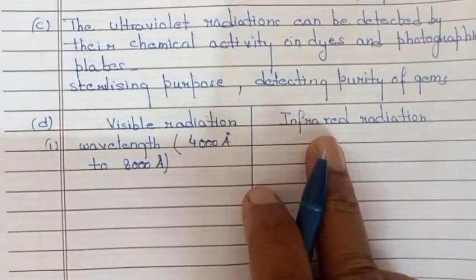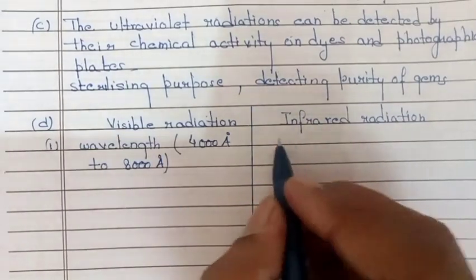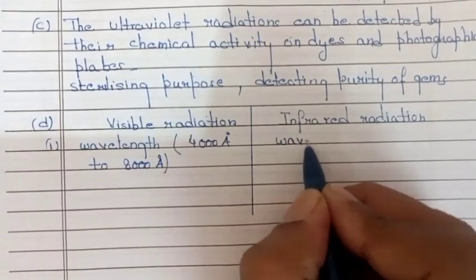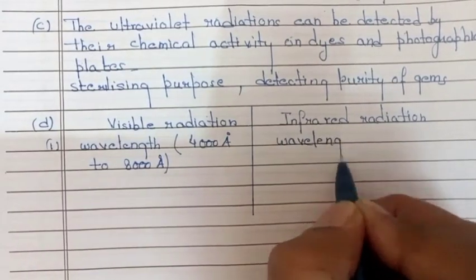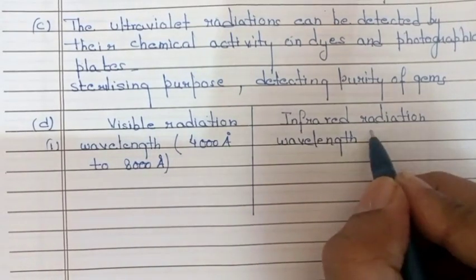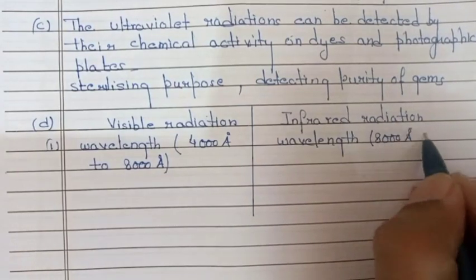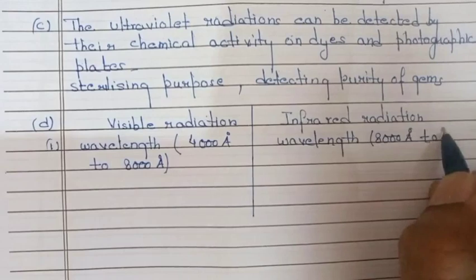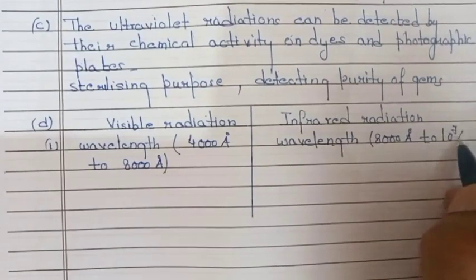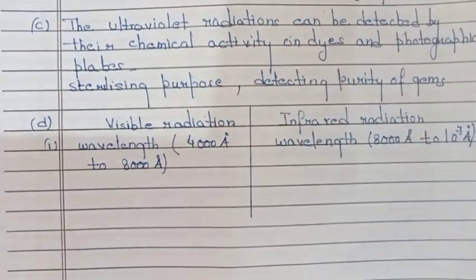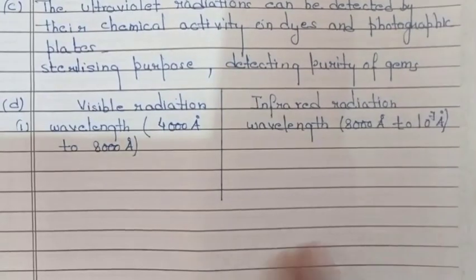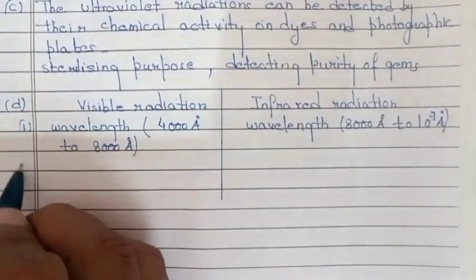Whereas for infrared, their wavelength range is from 8000 Armstrong to 10 raised to power 7 Armstrong. So this is the first difference which you can give in terms of their wavelength.